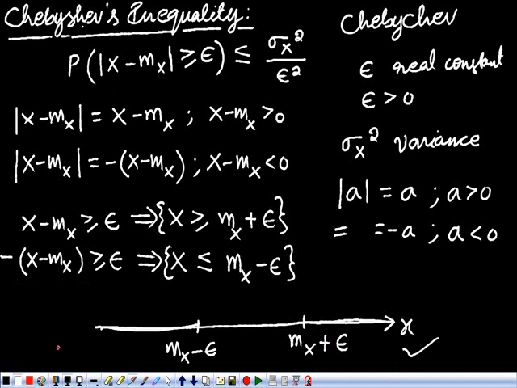One event is x lying between minus infinity and mx minus epsilon, the other between mx plus epsilon and plus infinity. Understood?